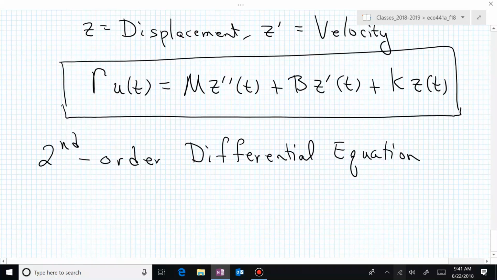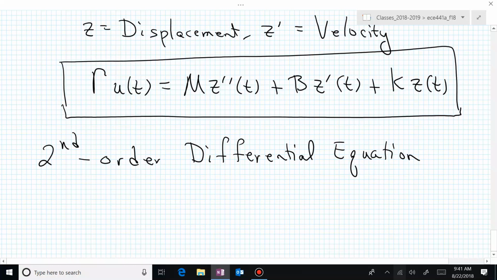And I'm trying to find a state space representation, which means that I'm now trying to build up a time domain description in a standard representation that involves matrices. If I have a second order differential equation, I'm looking to find a certain number of state variables.